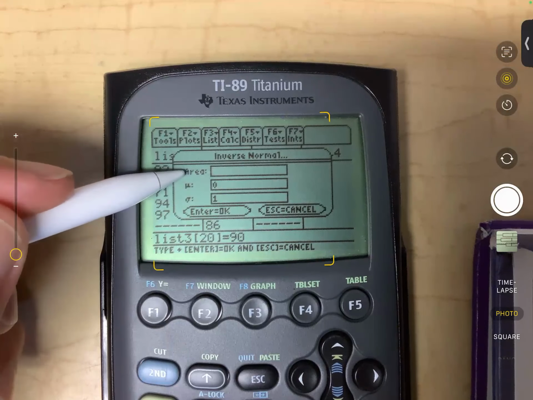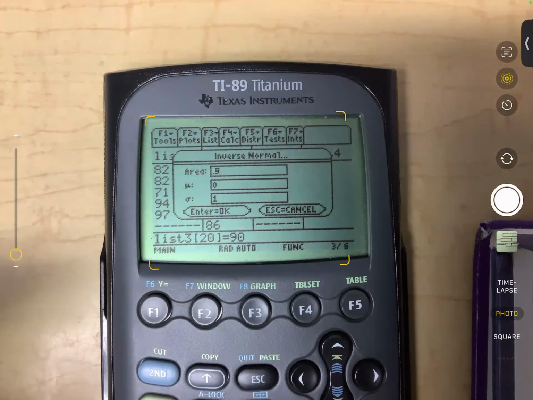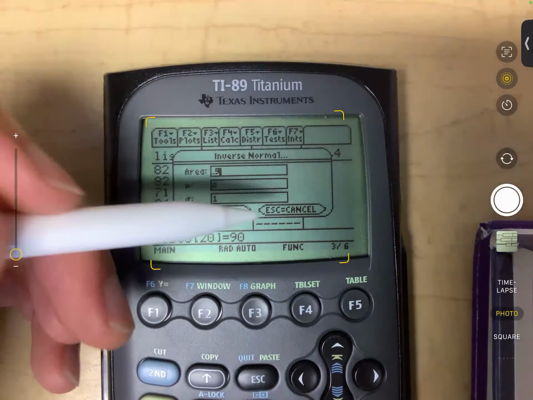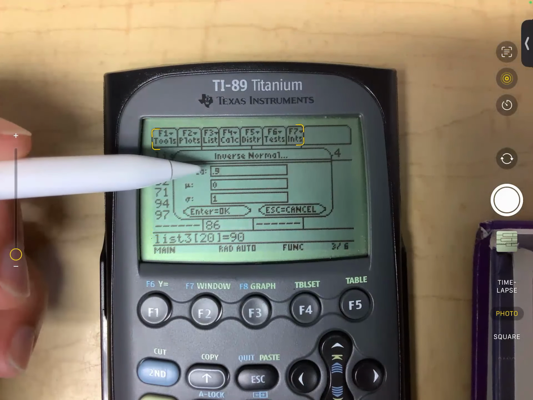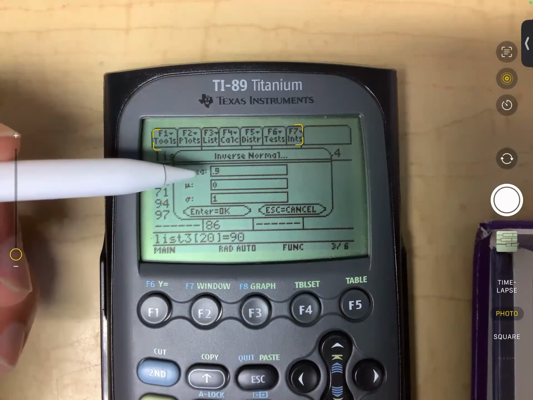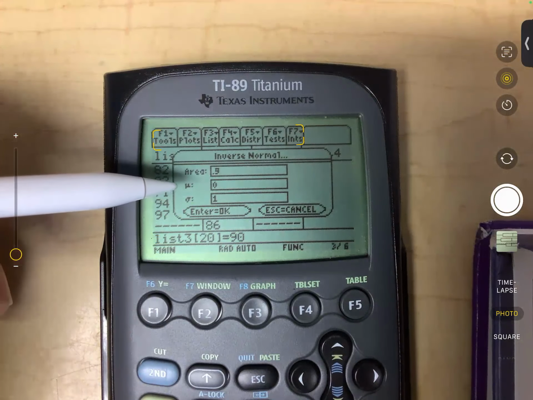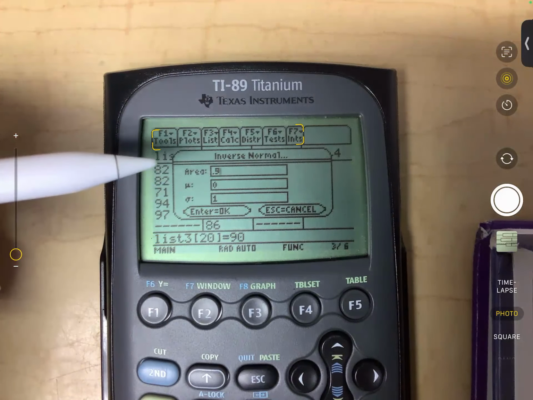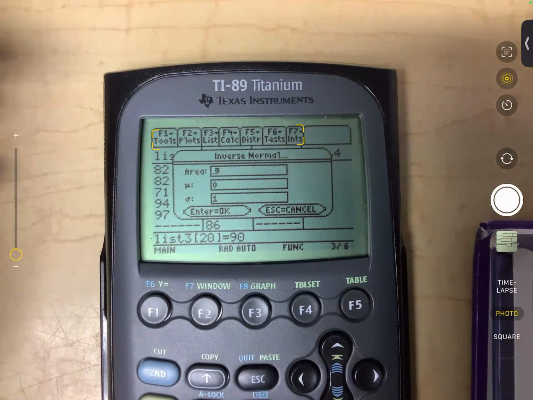If I want to find the 90th percentile of my temperatures, I could type in 0.9. Notice I have to do this as a decimal. I'm not going to literally type in 90. I'm going to type in 0.9 for the area below, as in 9/10 of the area, 9/10 of the observations are below me.